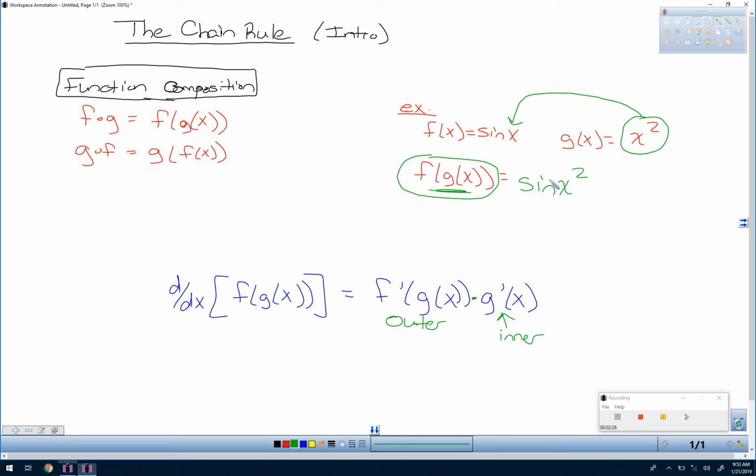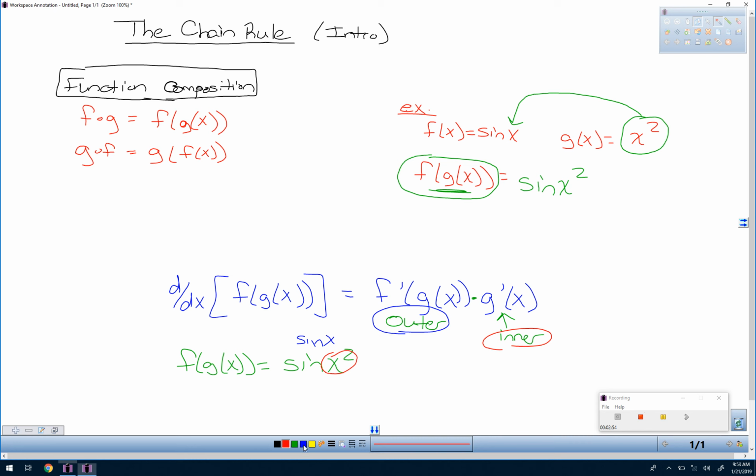Let's go back to f of g of x equals sine of x squared. The outer function is sine of x, and the inner function is x squared, because the x squared function is inside of the sine of x function. That's why I classify them as outer and inner.